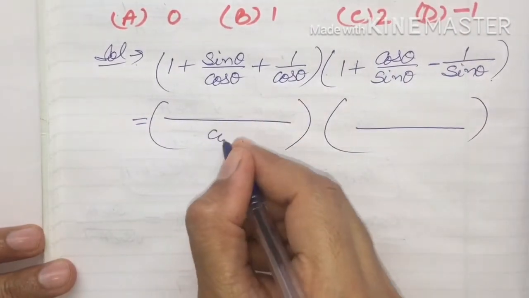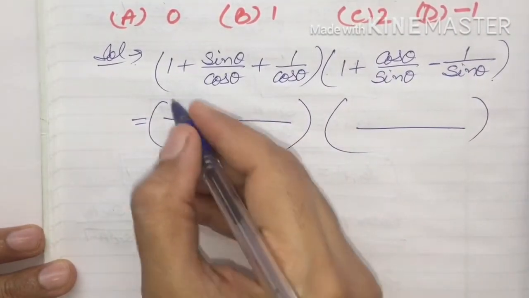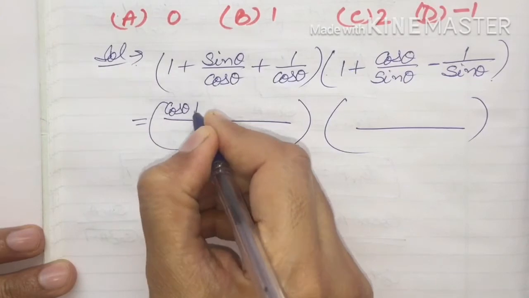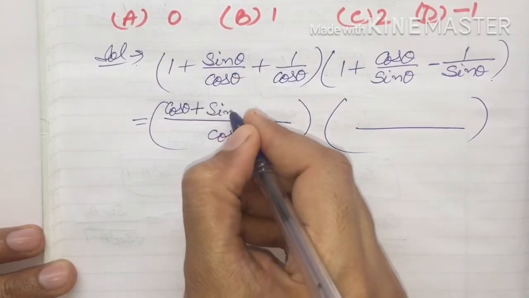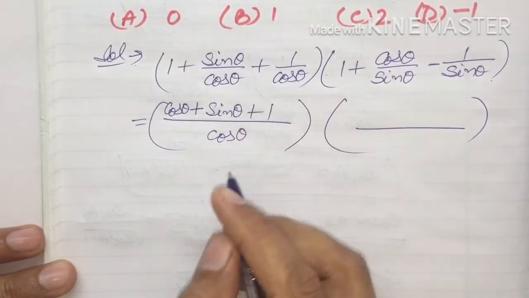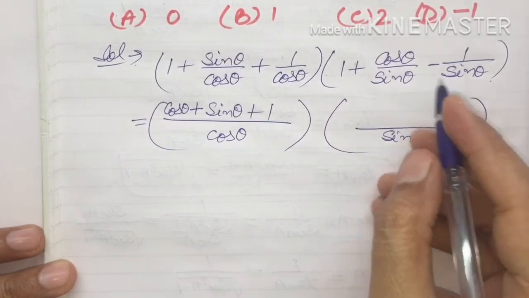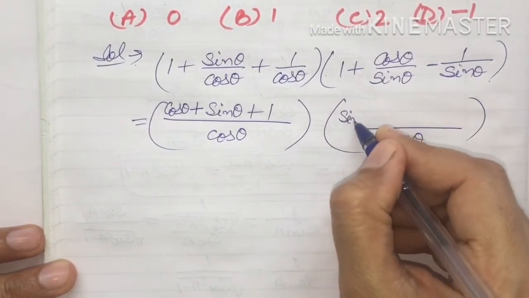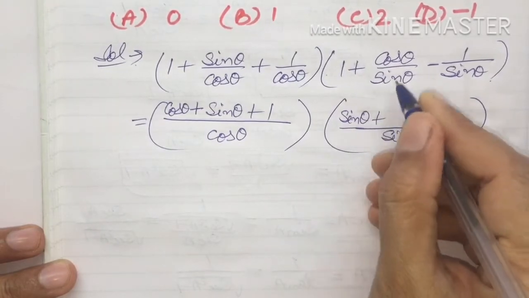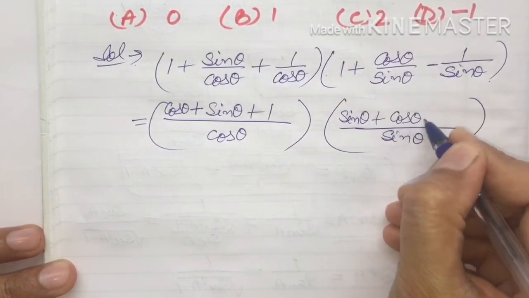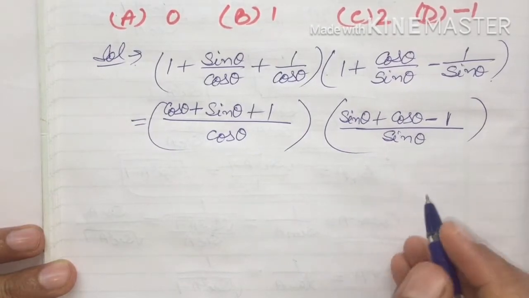So in the first bracket, cos theta we will take as the LCM, so cos theta plus sine theta plus 1. And in the second bracket, sine theta is the LCM, so sine theta plus cos theta minus 1.